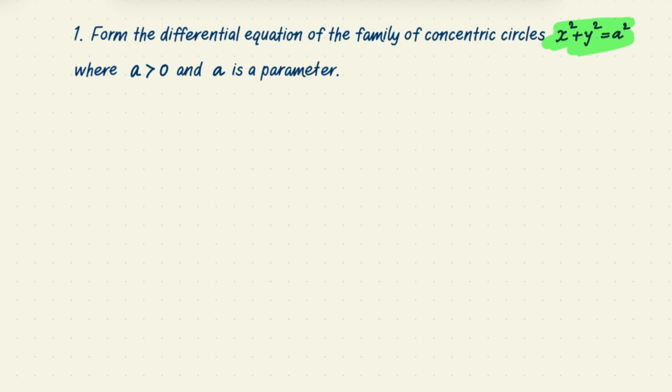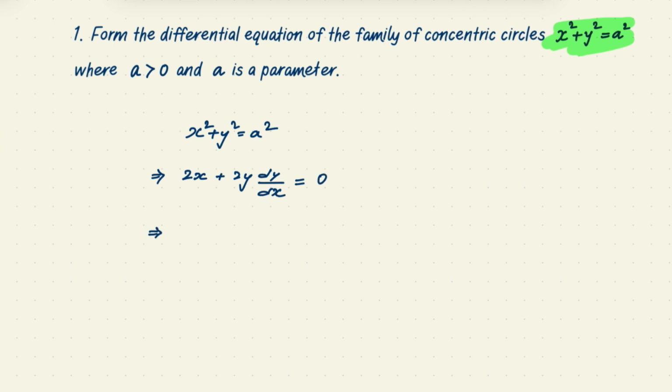Since this equation contains one parameter or one constant, that is a, we will differentiate this equation one time. So the given function is x square plus y square equals a square. Differentiating both sides with respect to x, we will have 2x plus 2y into dy over dx equals, since a is constant, the derivative of a square will be 0.